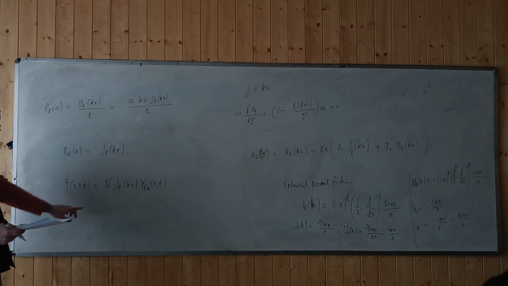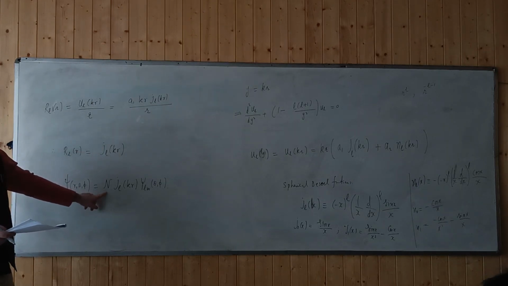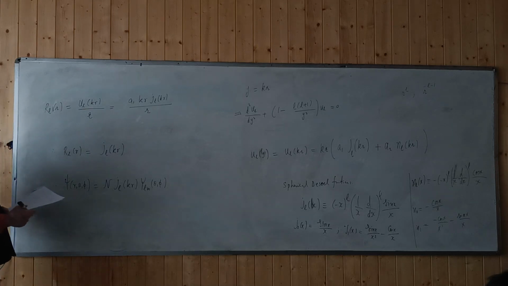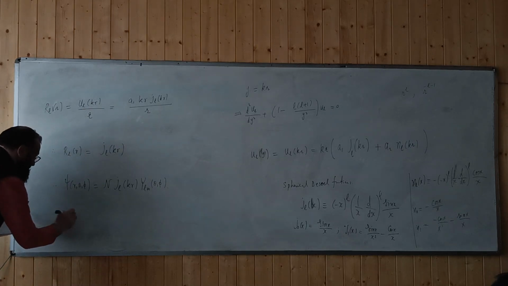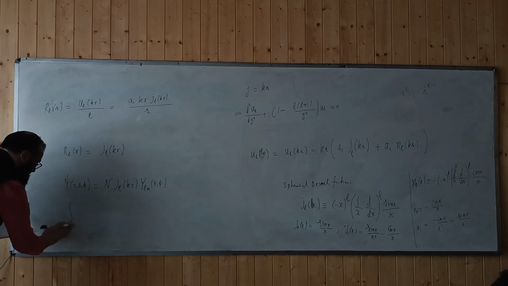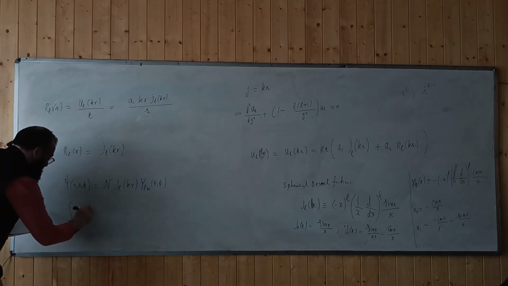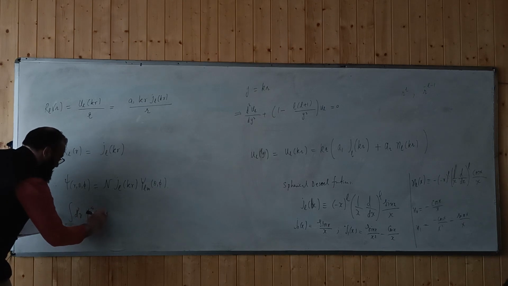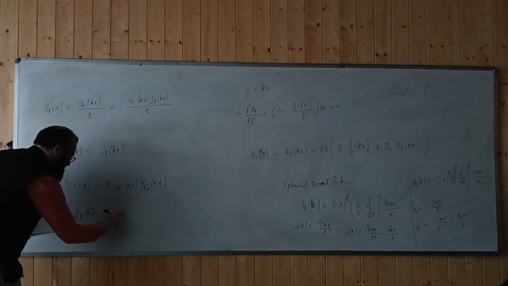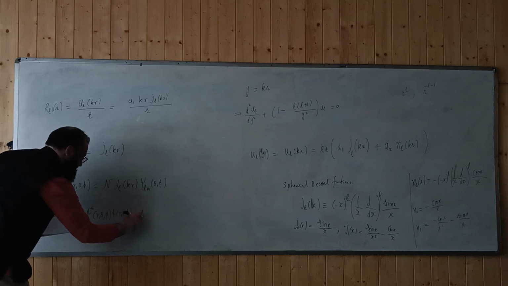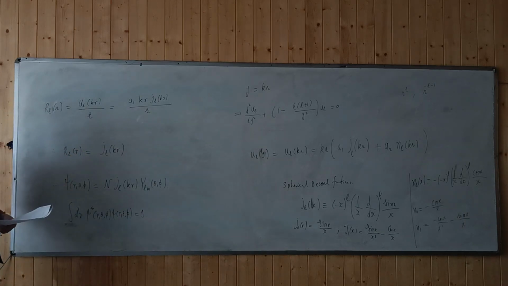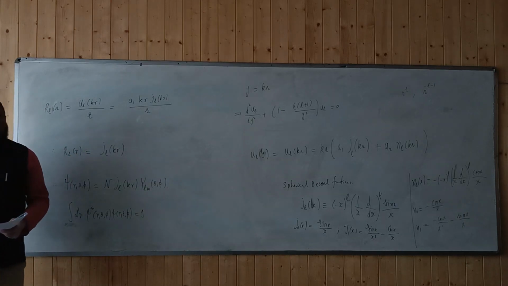What we need to figure out is this normalization constant. So let's write the normalization condition: the integral d^3r of psi star(r, theta, phi) psi(r, theta, phi) is equal to identity, just the probability. Clear? Now let's write it.